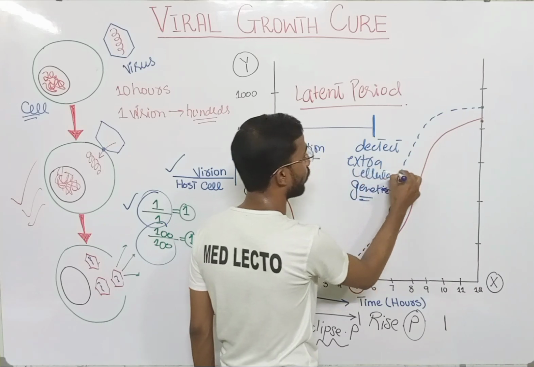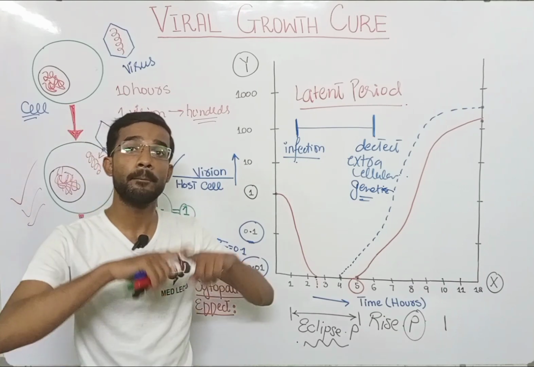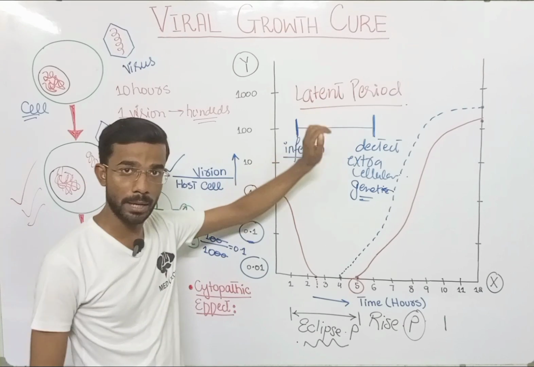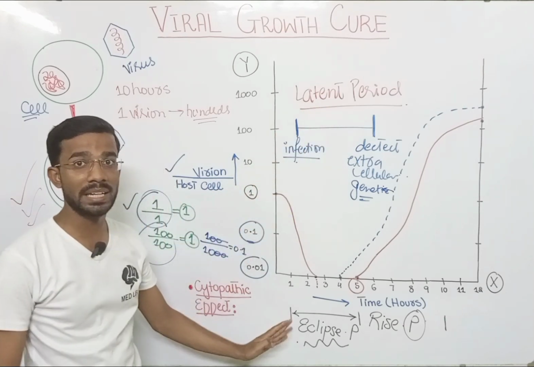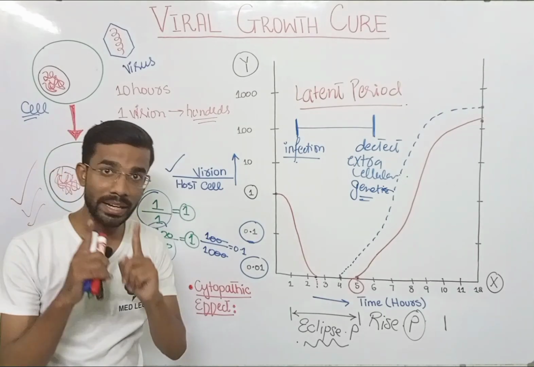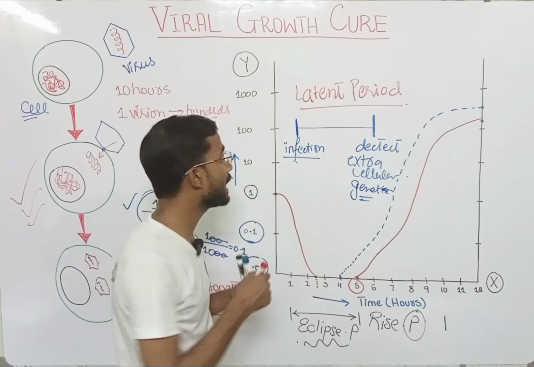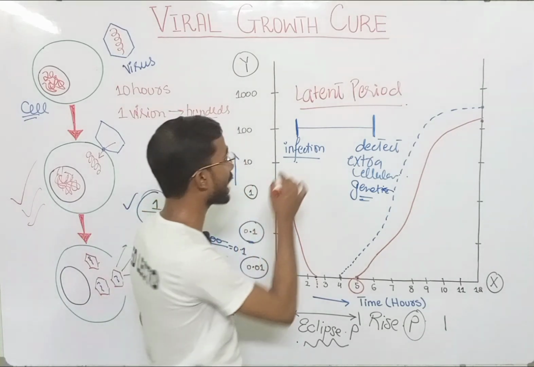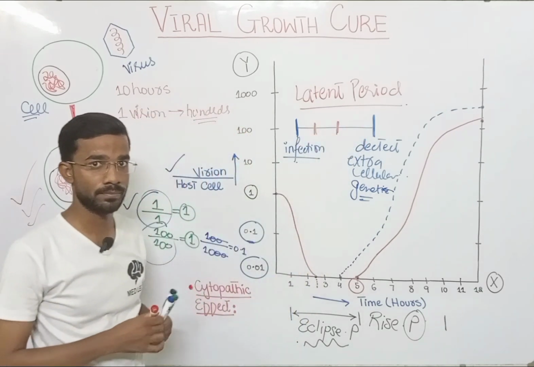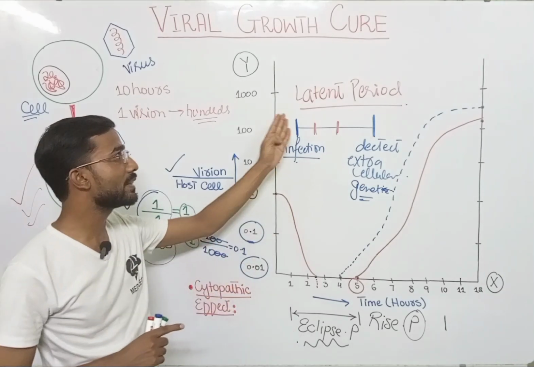This is the most important point. You can only detect viruses extracellularly when you see the burst or rupture of the cell. This is called the latent period. The eclipse period is the phase at which you will never detect any virus inside the cell. So the eclipse phase actually lies within the latent period. This is the difference between the eclipse period and the latent period.